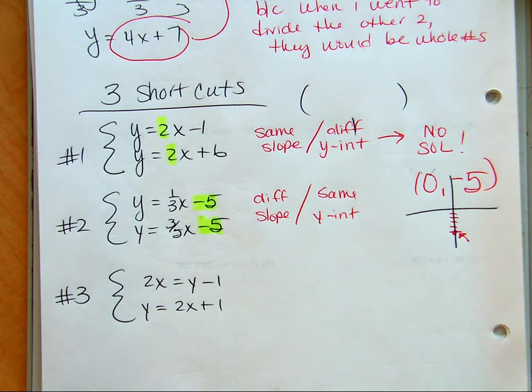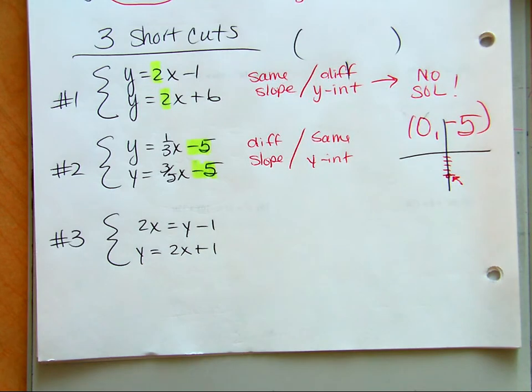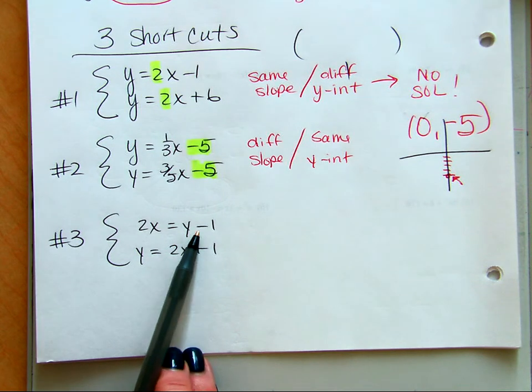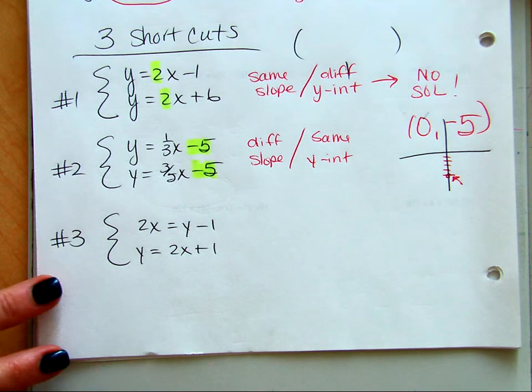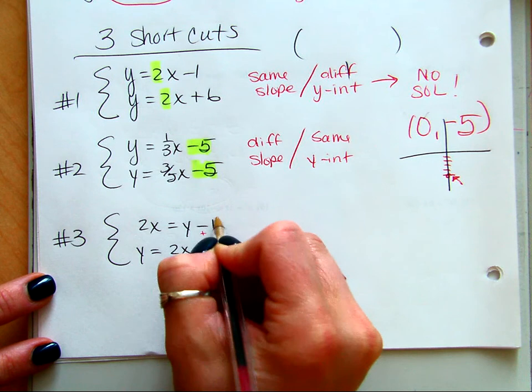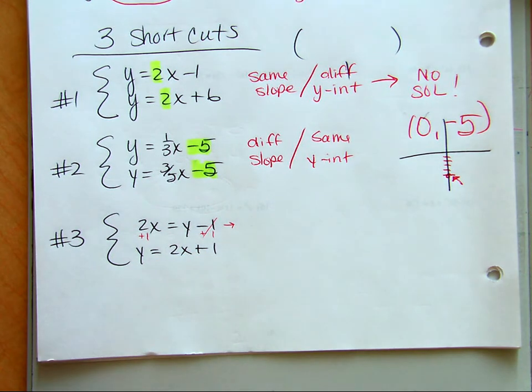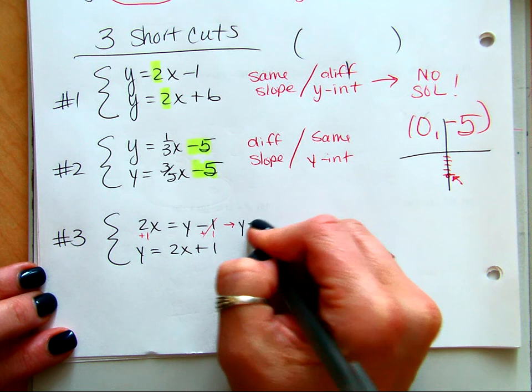At first, it may not seem like anything to you, but this is not solved for y. So let's take a minute and solve it for y by doing what? Adding 1. So this equation really turns into what? Y equals 2x plus 1.